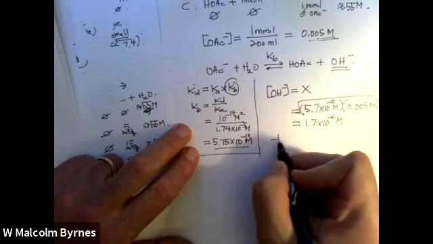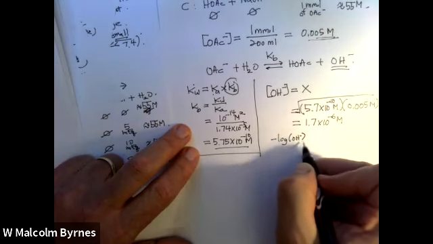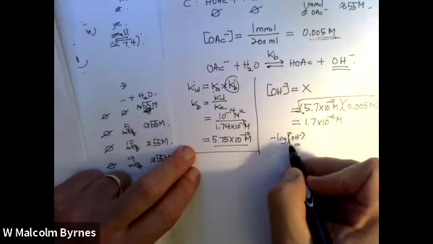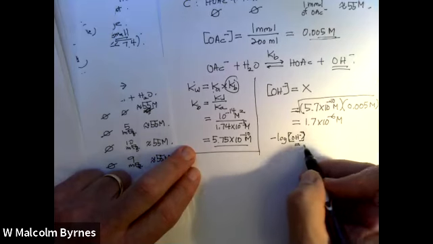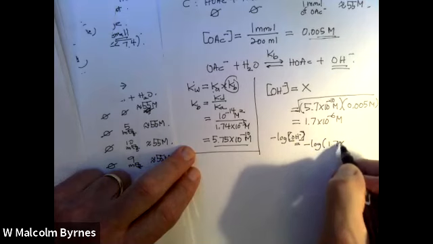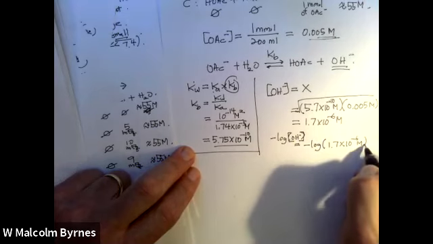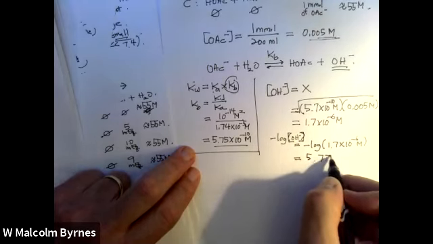And so the negative log of that is equal to the negative log of 1.7 times 10 to the minus 6, which is equal to 5.77.